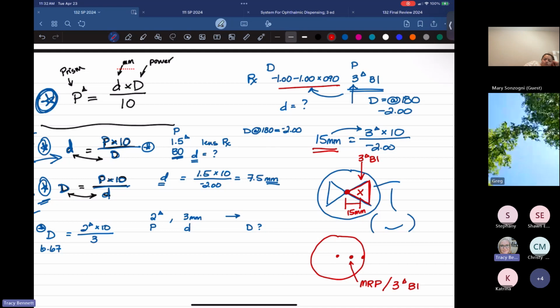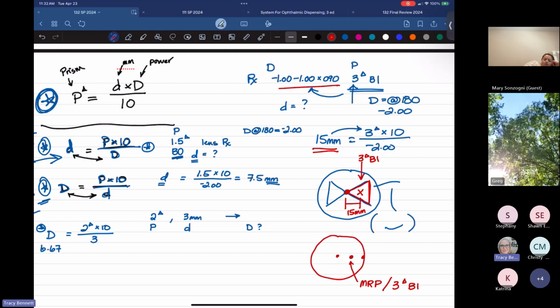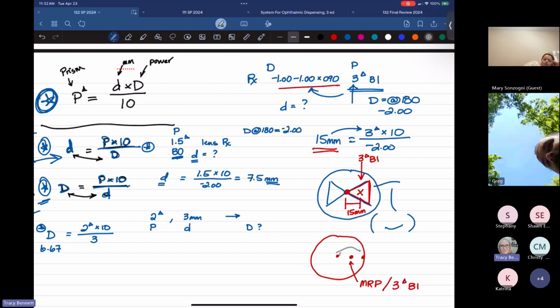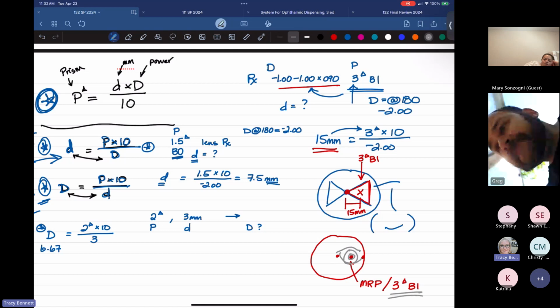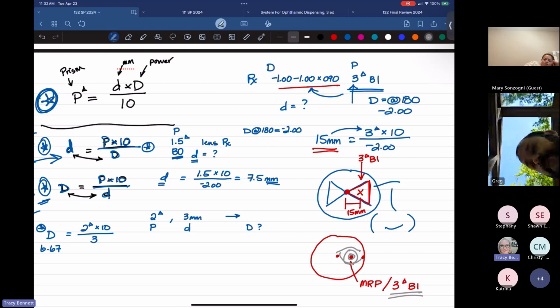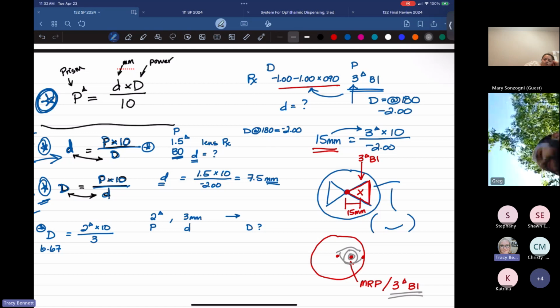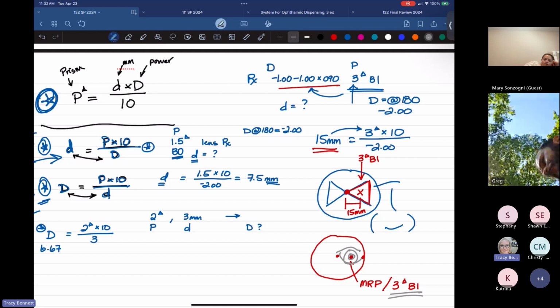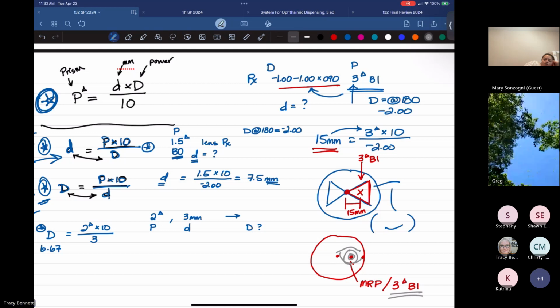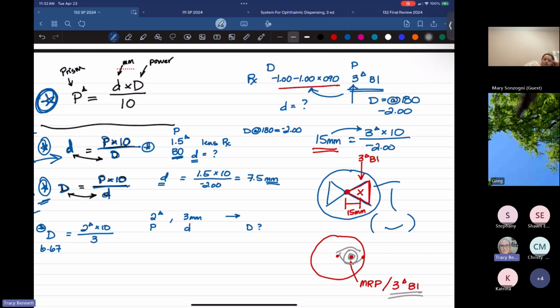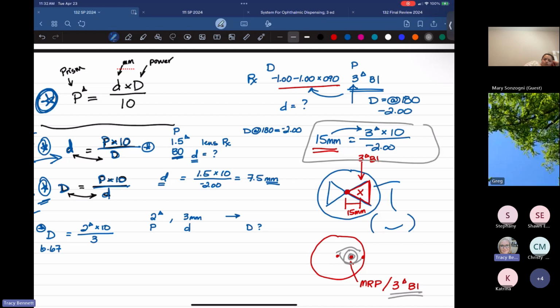And this major reference point is the point that needs to be placed directly in front of the eye so that they are experiencing that 3 diopters of base-in prism. And so that's just an example of how you might really use this in practice, to switch this formula around so that you can figure out how much you would need to additionally decenter the lens.